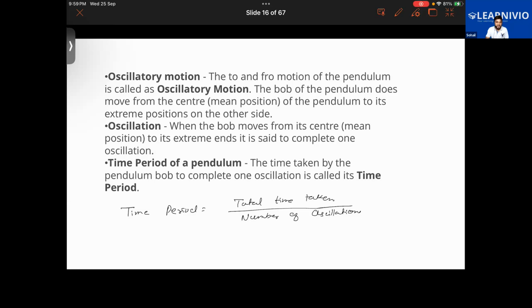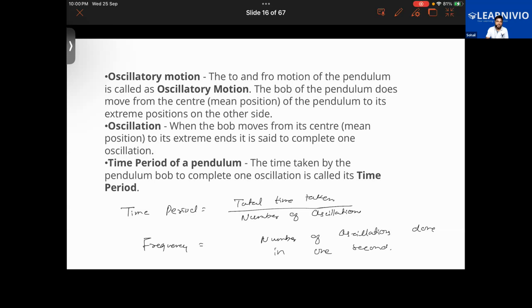So frequency talks about the number of oscillations done in 1 second. Basically, we calculate a unit value for this.